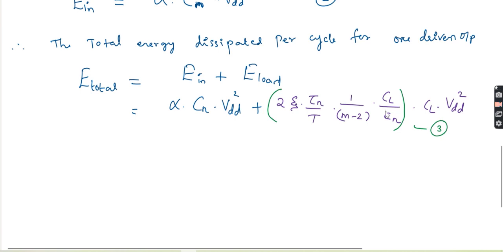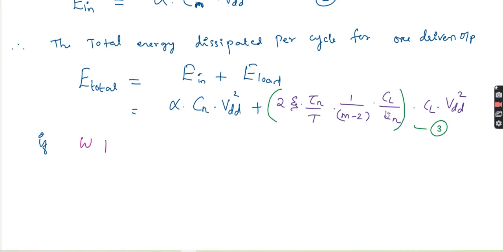So now here, equation number 3, this equation actually is a trade-off in adiabatic CMOS circuits with conventionally driven inputs. Now here, if the width of the device increases, then the input capacitance will increase. Keep it in mind always, right?